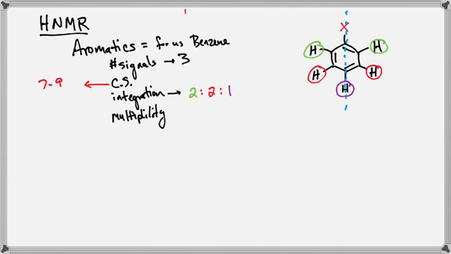We'll go all the way through before I start trying to draw a spectra. What's our multiplicity? So multiplicity is now looking at our neighbors. If we look at our green signal, how many neighbors do they have?